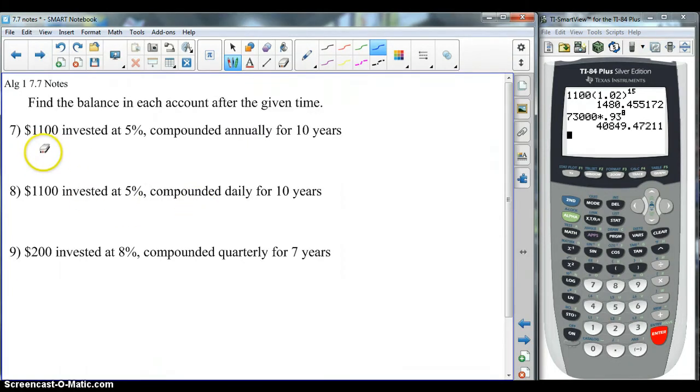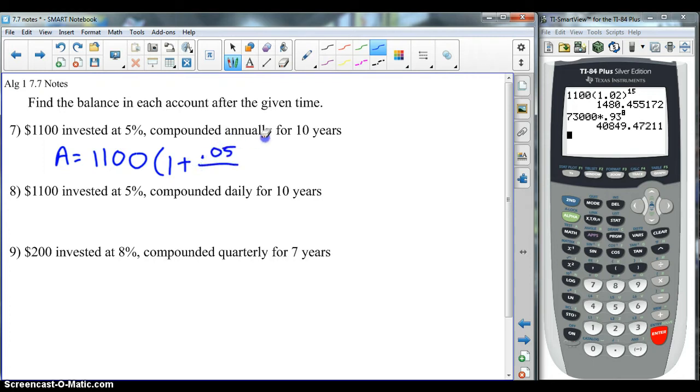All right, so here we go. This time we're finding the balance in the account with the given information. $1,100 is invested at 5%. So I'm going to start by writing this out. A is equal to the initial investment, the principal, is $1,100. Then we go 1 plus the interest rate, it says is 5%, so we would write that as 0.05.